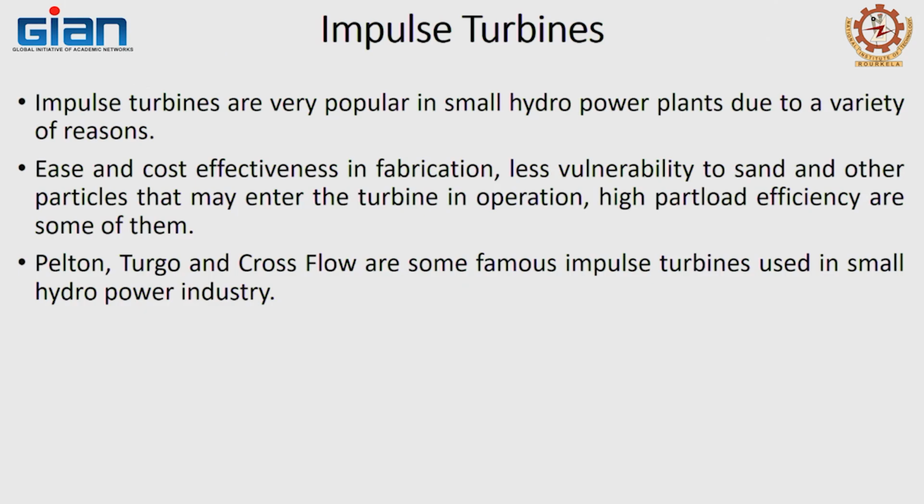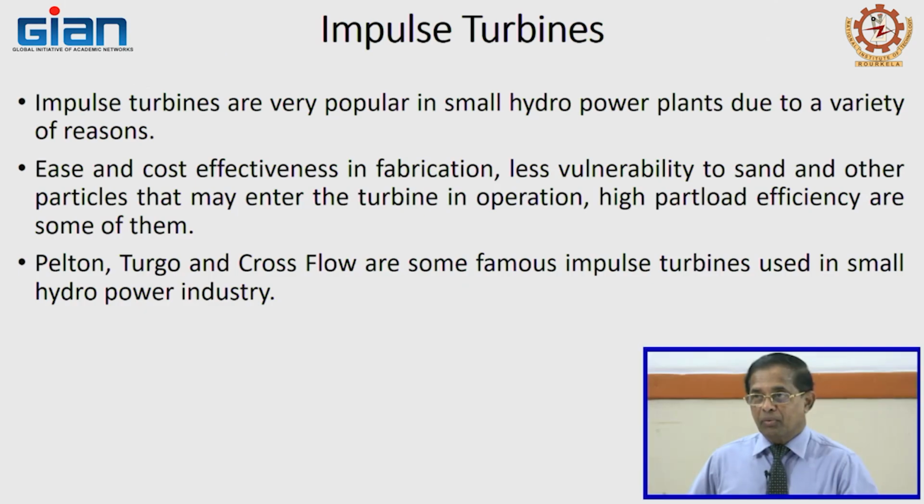Once you have exhausted high head projects, you will go to medium head projects, and once the medium head projects are also done, you will go to low head projects. That is the normal sequence. Of course, there can be differences here and there because of opportunities and other available situations, but this is a normal way. Therefore, impulse turbines and high head projects are normally preferred in the small hydropower industry.